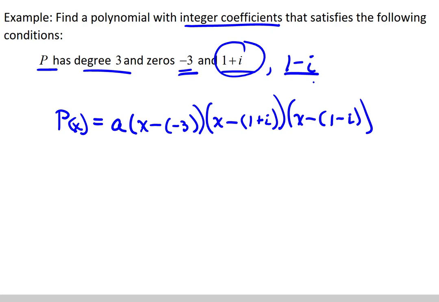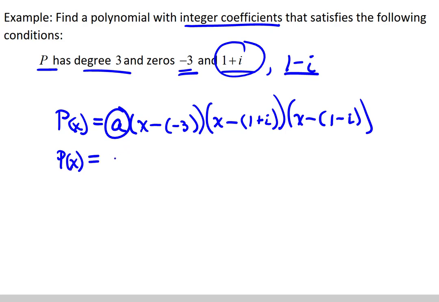Now we need to turn this into a much better looking polynomial. In fact, we'd like to eventually eliminate all the i's from it so that there's nothing imaginary. And then we'll have to figure out what we're going to do with this a, the leading coefficient, but that won't be too difficult. I think we'll wait till the end on that. For now, let's simplify by recopying and distributing negatives as needed.